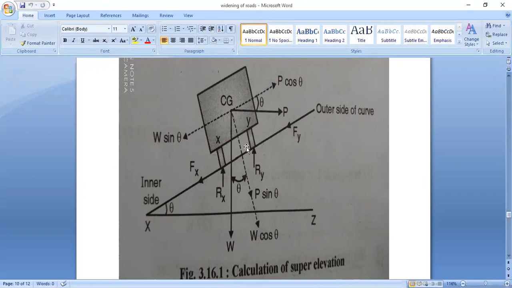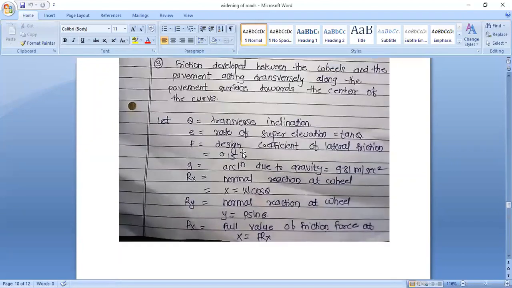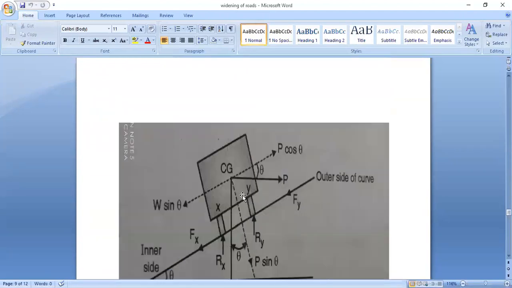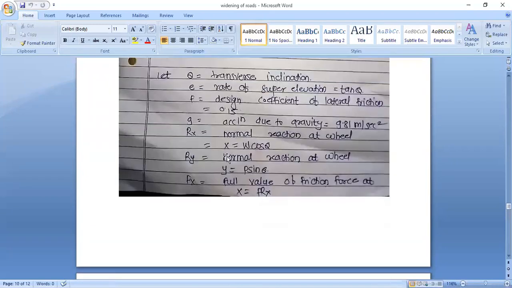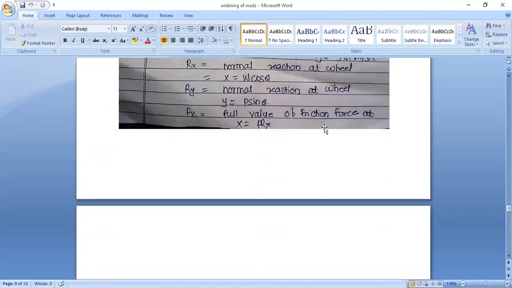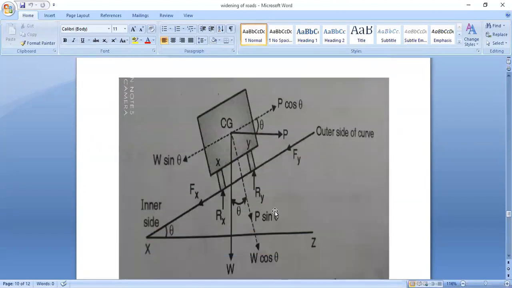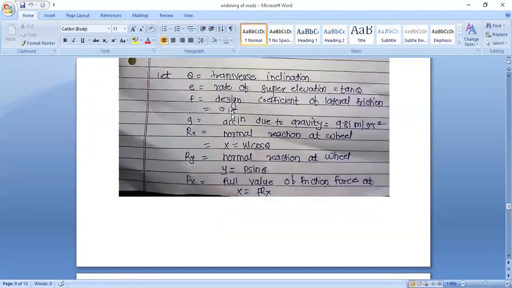Now see, theta is equal to transverse inclination. Then e is equal to rate of super elevation is equal to tan theta. Then f is equal to design coefficient of lateral friction is equal to 0.15.